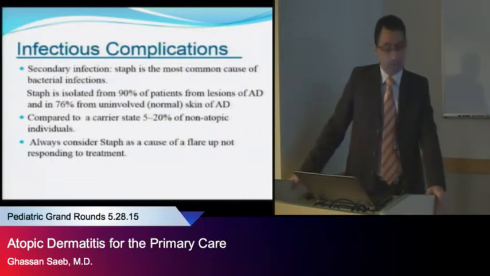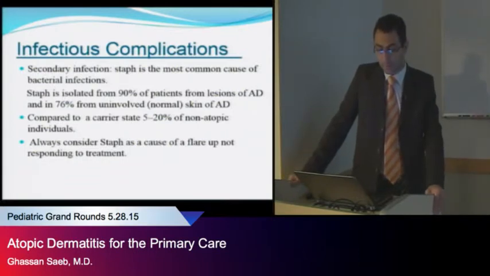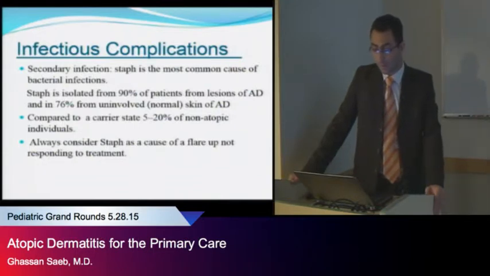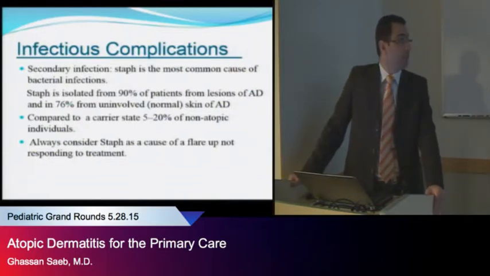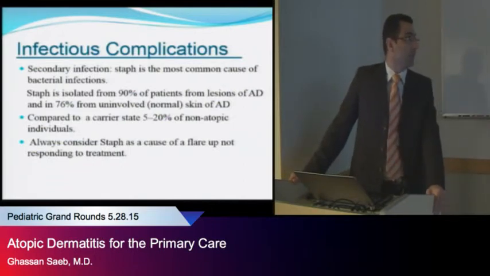Infectious complications. So secondary infection, staph is the most common cause of bacterial infections. Staph is isolated from 90% of active lesions of AD patients and 76% from uninvolved skin of AD patients, compared to a carrier state of 5 to 20% of non-atopic individuals.